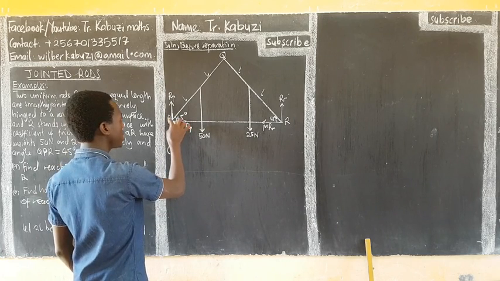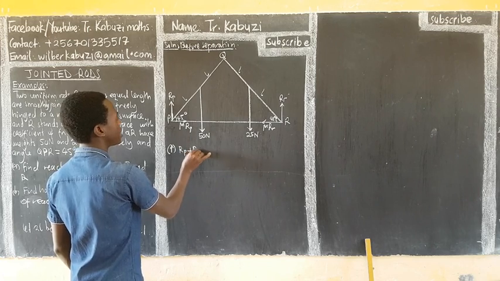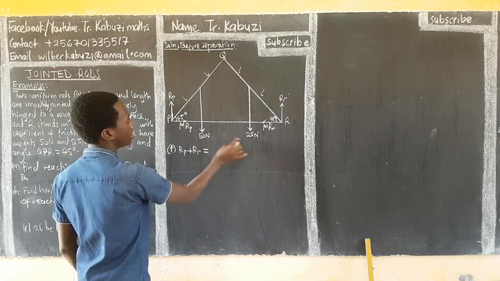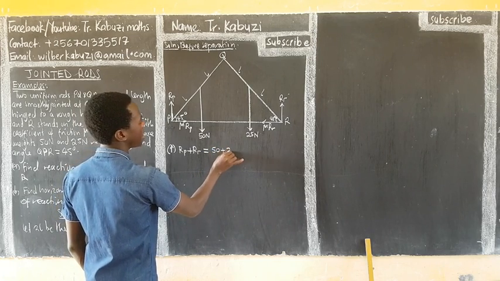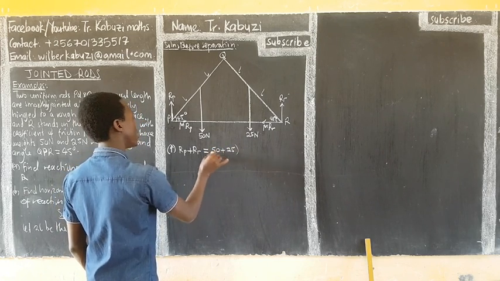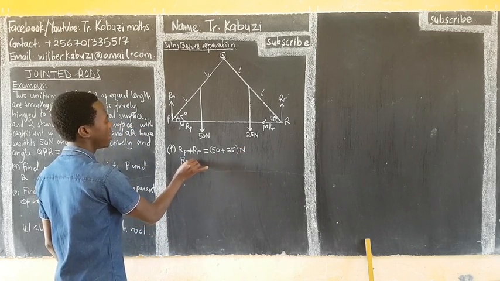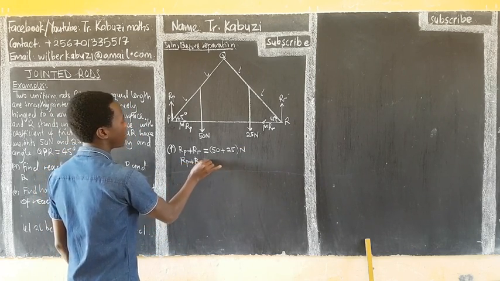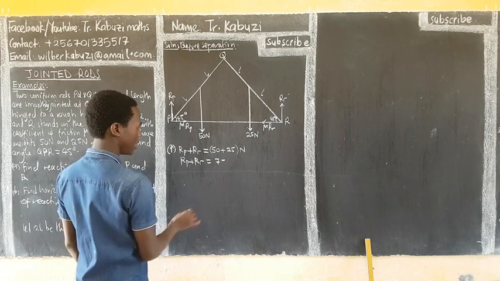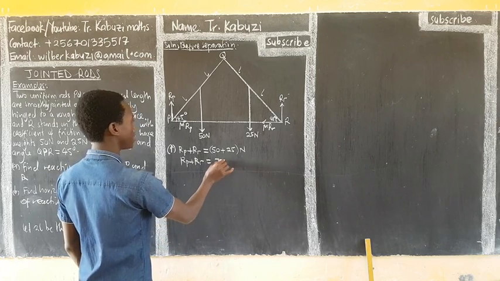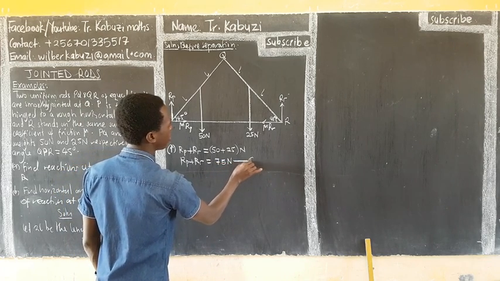So R_P plus R_R equals the total weight, 50 plus 25 newtons, which gives 75 newtons. I call this equation 1.